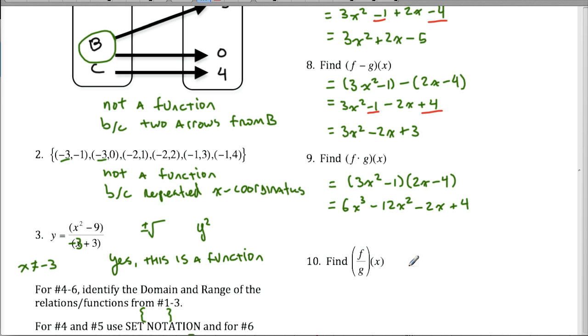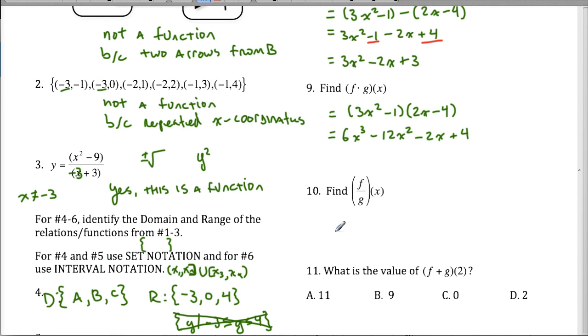Now, f over g of x. So again, first things first, I want to write this with parentheses, so 3x squared minus 1 all over 2x minus 4, and this is where most people stopped. But remember, since I have a fraction, what I have to say is that 2x minus 4 cannot equal 0 because I want this to be a defined statement.